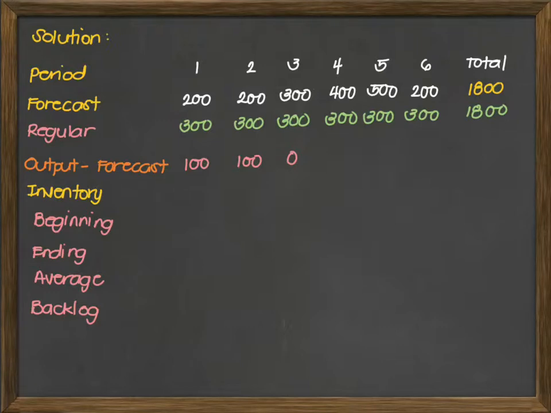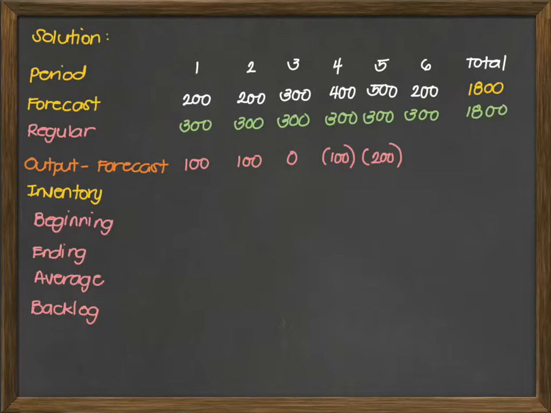So, if you get the difference between your output of 300 and your forecast, magne-negative 100 tayo. So, ibig sabihin, on period 4, kulang yung ating regular output doon sa forecast sa period na yun. Now, if you look also at period 5, we can see that the forecast is larger than 300.